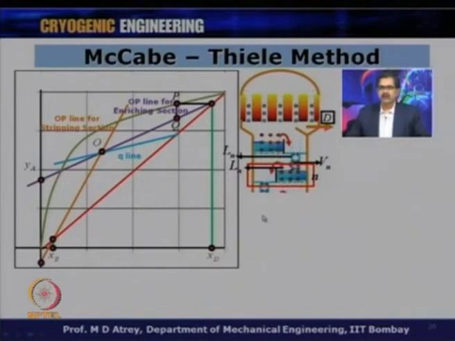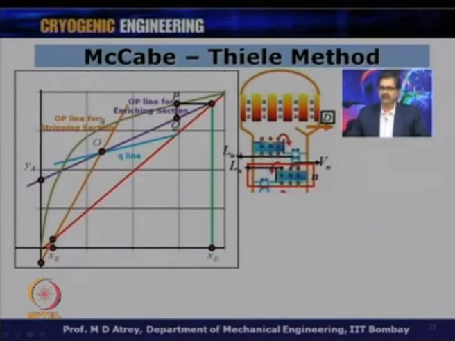Now, I do a similar argument. I have come here and located my Yn, and now I would like to find out what xn is for this plate. That means Yn and xn are going to be in thermal equilibrium, and to locate that point, what will I do? For this Yn, I would like to locate the point on the equilibrium curve, and the point where this horizontal line intersects the equilibrium curve will locate Yn and xn for this plate, because Yn and xn will now be in thermal equilibrium.